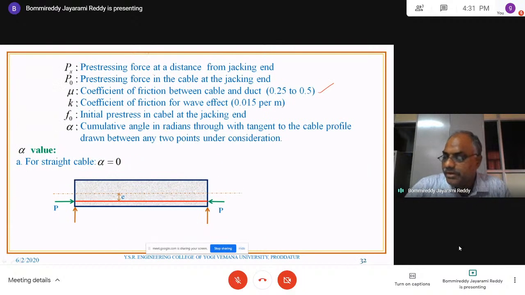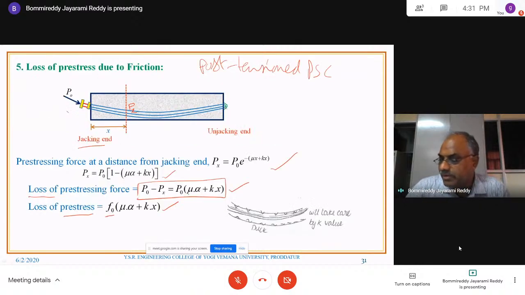Now, here everything is known in the equation. Alpha, mu will be given in the exam. K also given in the exam. X means from one end to the other end, that is a span. That is also given. And P naught, initial pre-stressing force, that is also given. What is the unknown value? Alpha. So here, computation of alpha is more important.